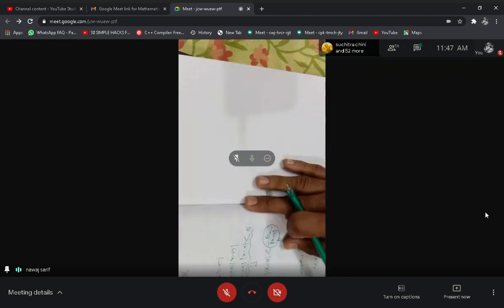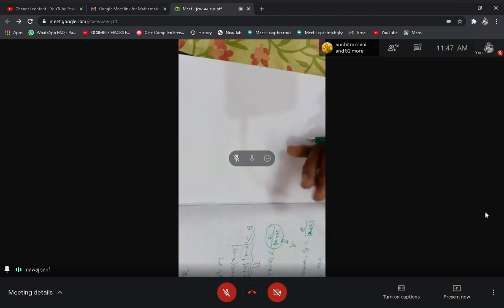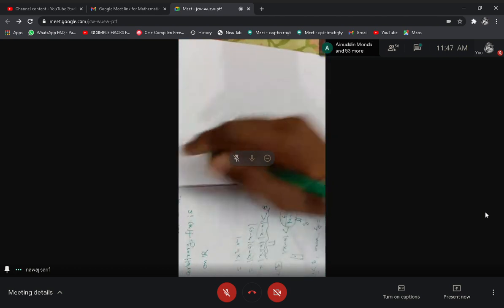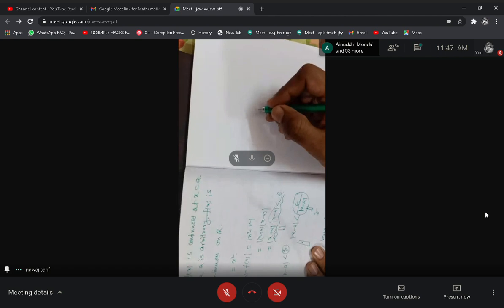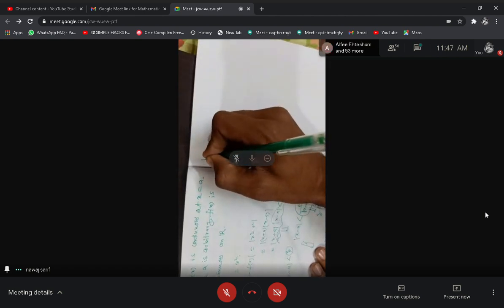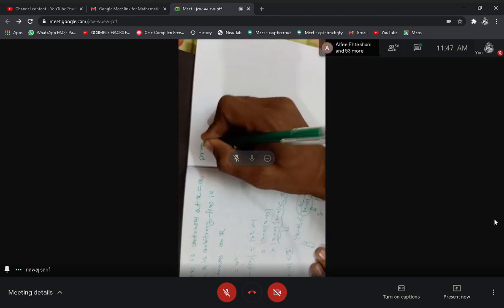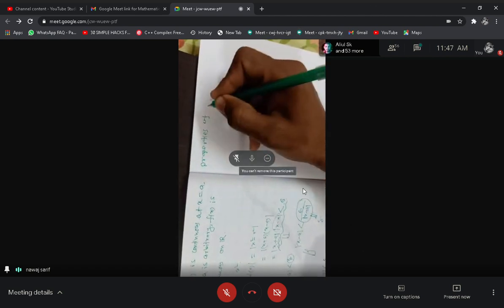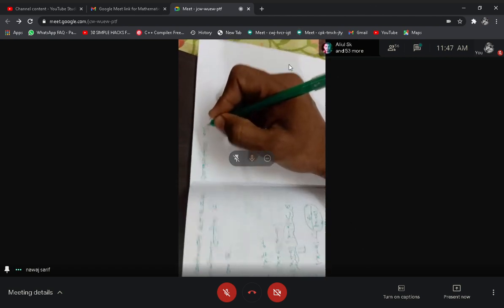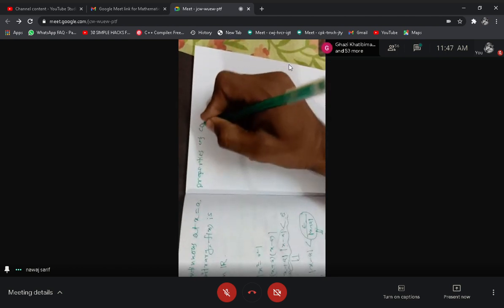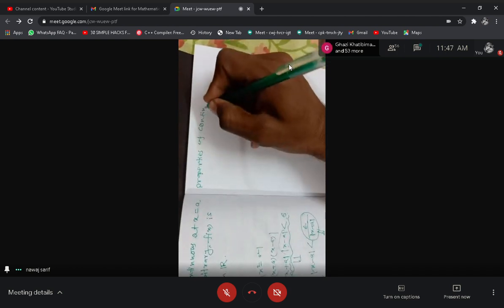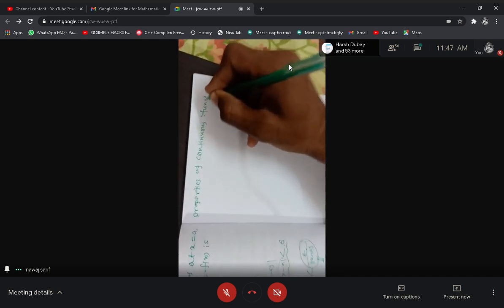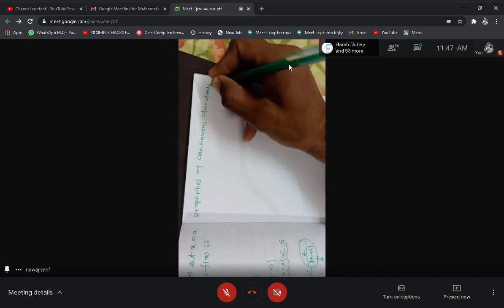Now write down some basic properties of continuous functions.